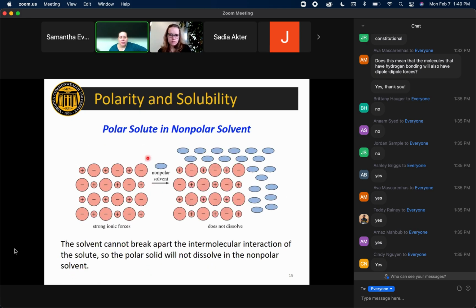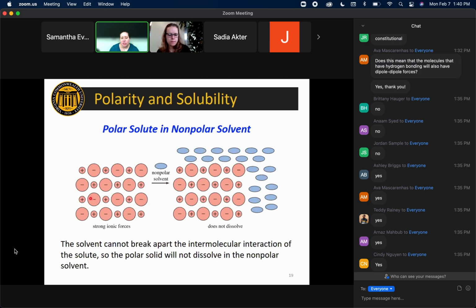What if we take that same chunk of salt and try to put it into a non-polar solvent like olive oil? If we put our chunk of salt in olive oil, it's not going to dissolve. The reason is that there are interactions happening between the positive and the negative charges of our polar solute, whether it's ionic or made up of a series of molecules with strong dipoles.